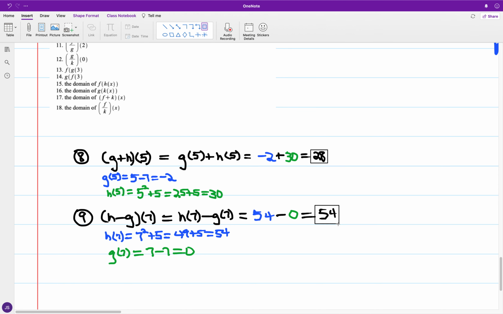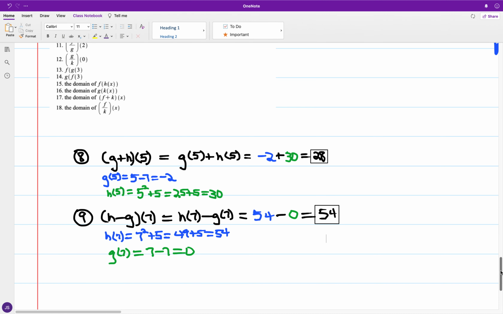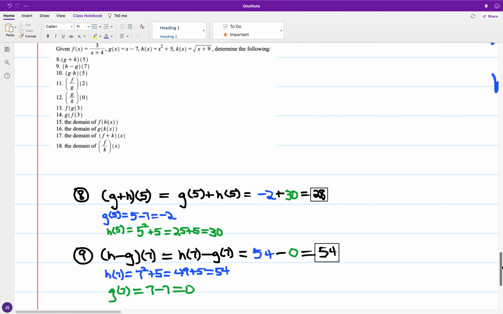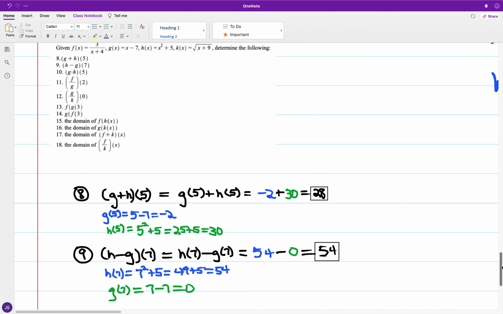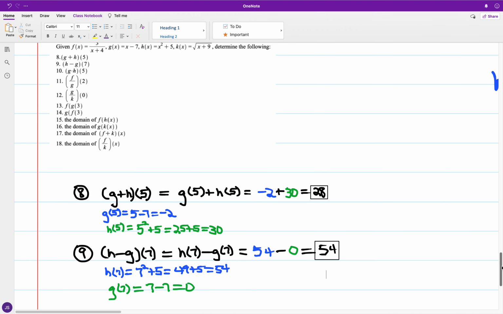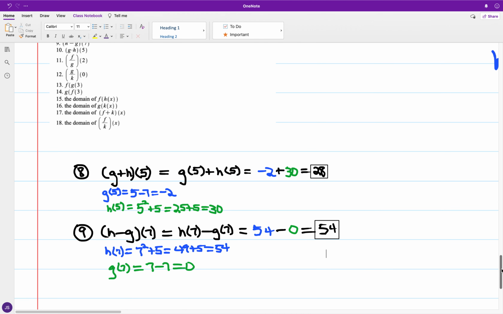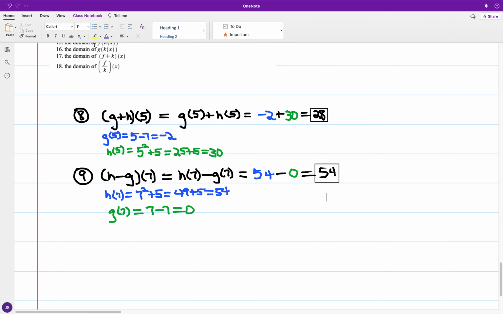Now for number 10, we have g times h whenever x is at 5. So for g times h of 5, we're still using the functions g and h.